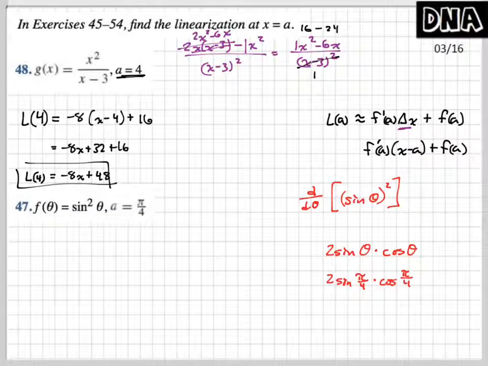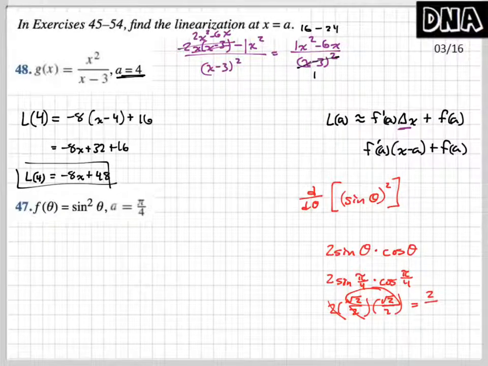So we get 2 times rad 2 over 2 times rad 2 over 2. When I simplify that, these 2's are going to go away, and I multiply those, it's going to be 2. So we're going to get 2 over 2, which equals 1. And so the first part, the f prime of a, is just going to be 1.